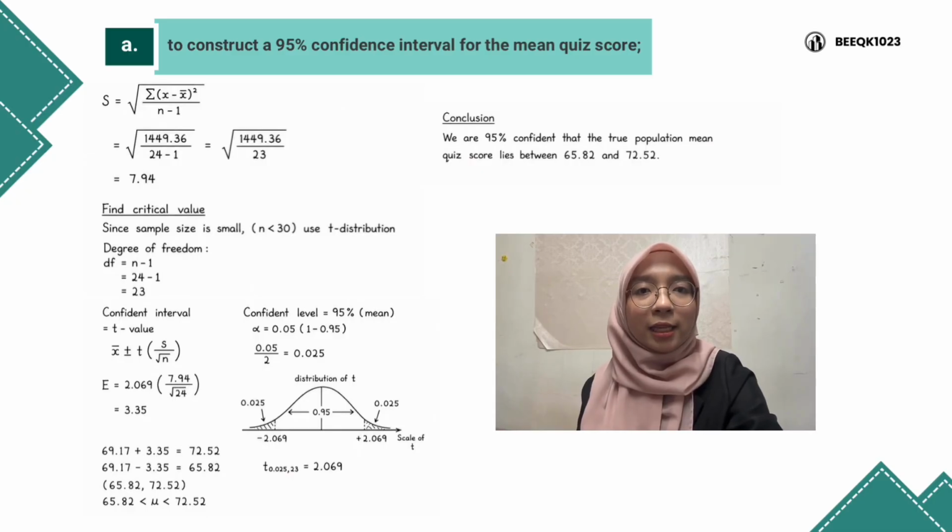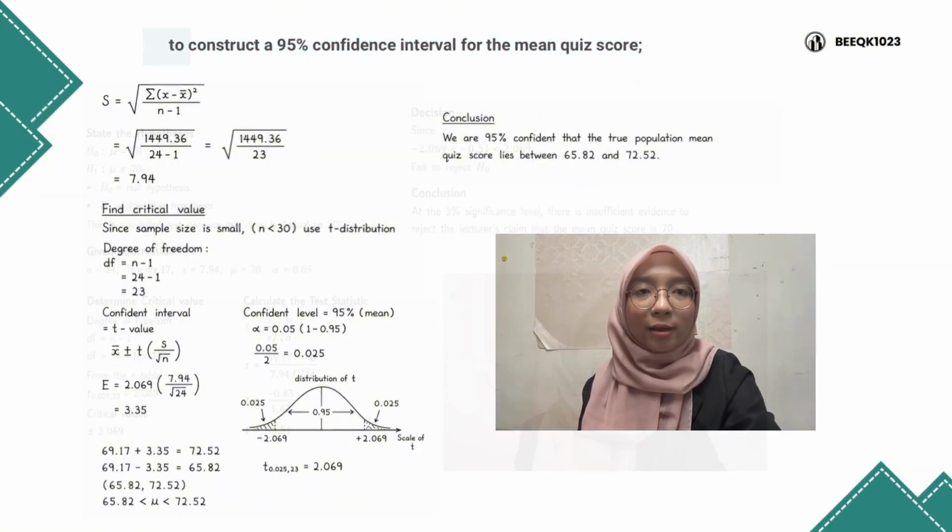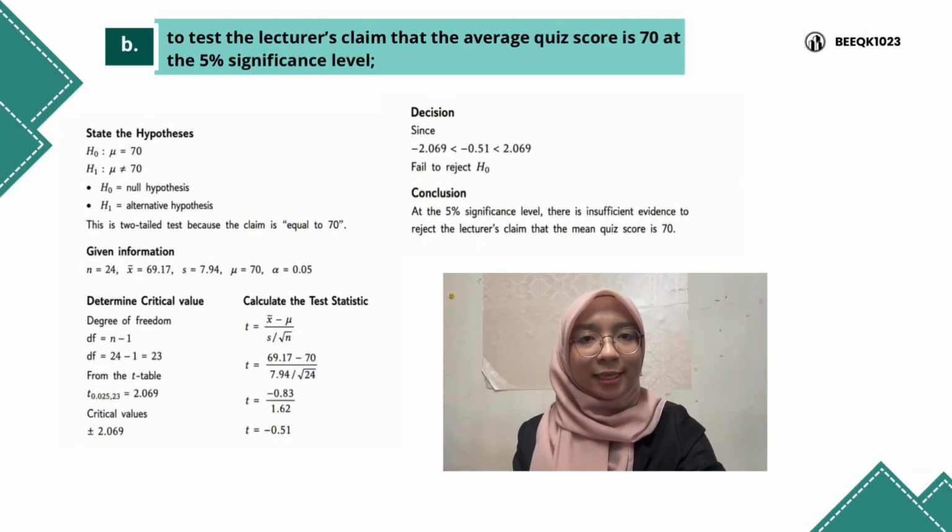Therefore, the 95% confidence interval for the population mean quiz score is 65.82 to 72.52. The conclusion is, based on our analysis, we are 95% confident that the true population mean quiz score lies between 65.82 and 72.52 marks.